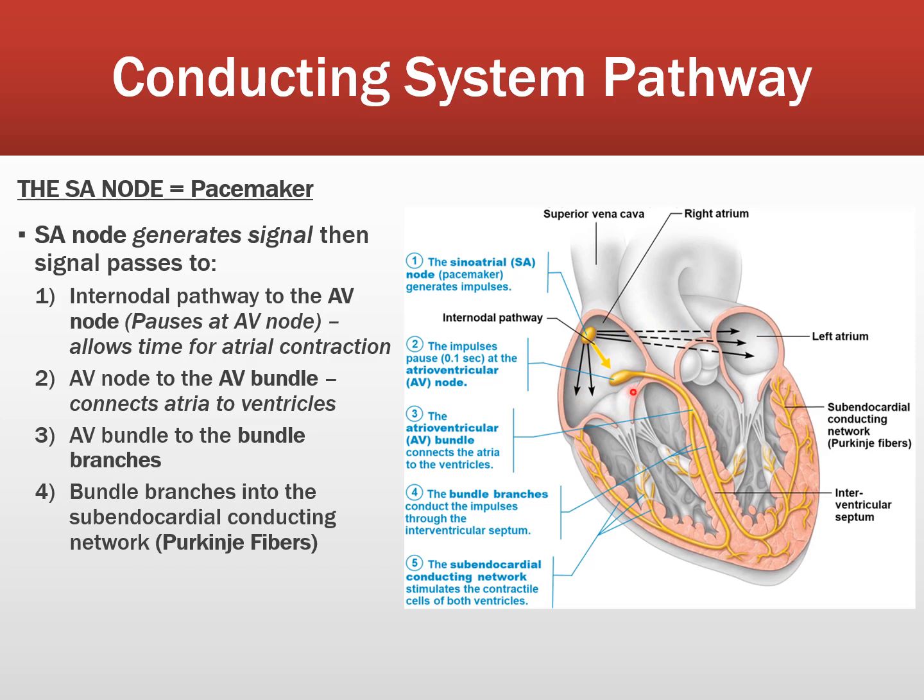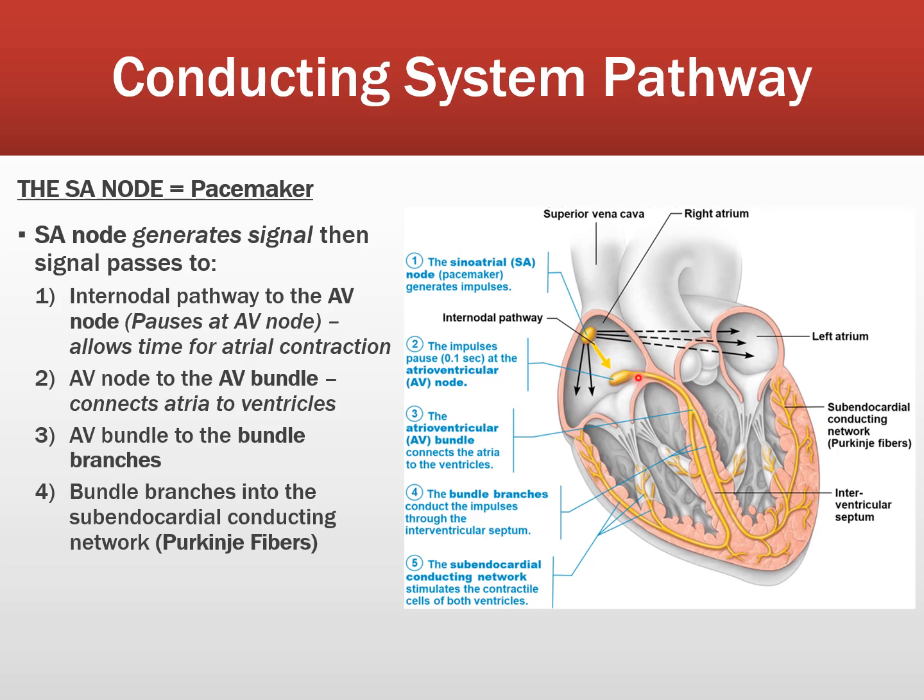Then it's going to stimulate the AV node, the atrioventricular node, very similar to AV valve. It pauses right before it hits the AV node, because it has to cross the atrium.